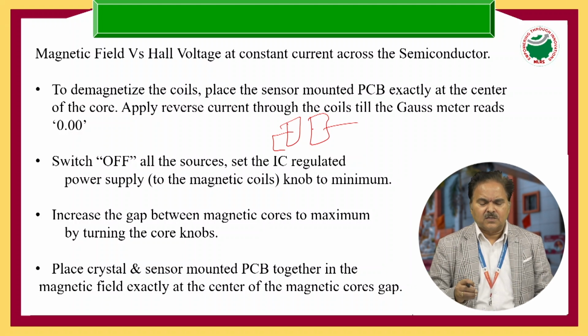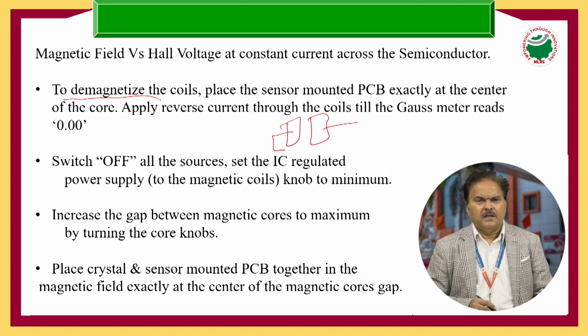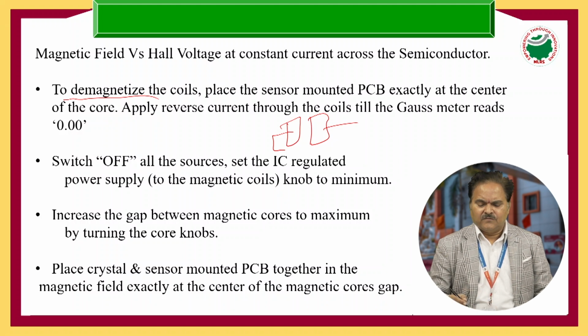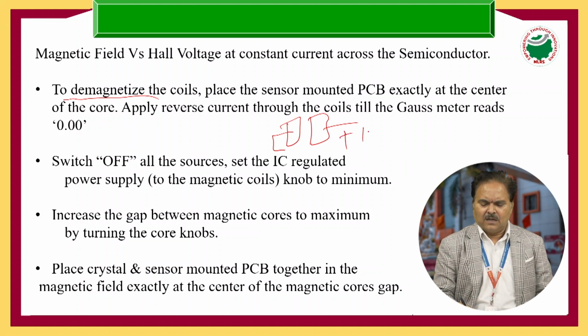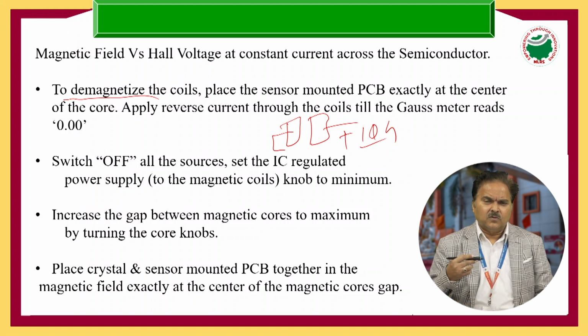If you want to remove that induced magnetization, we call it demagnetizing the coils. Demagnetize means if some value is there, plus 1 kilogauss or 10 gauss; 10 gauss is also significant in some experiments, but in the Hall effect it may not have that much effect, but still we have to demagnetize.